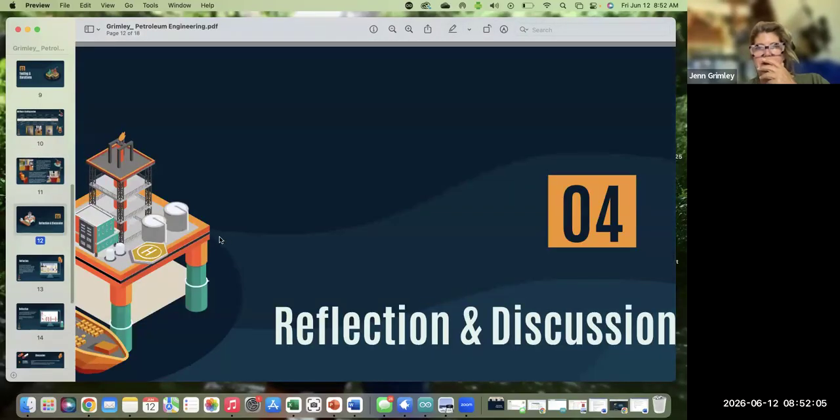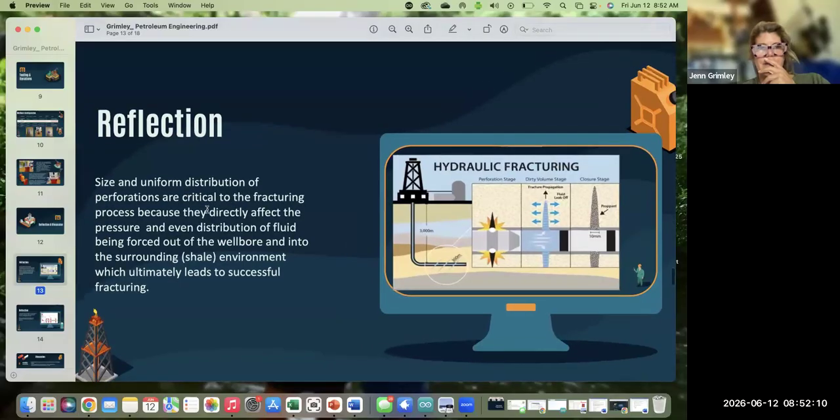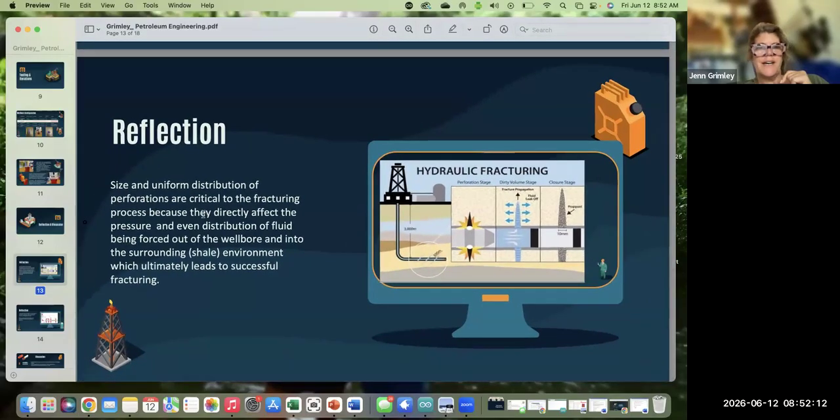So my reflection and discussion. The reflection was that the size and uniform distribution of those holes or perforations were critical to the fracturing process because they directly affect the pressure and the even distribution of the fluid being forced out of the straw or the wellbore and into the surrounding shale environment, which is that oil-bearing rock, which is typically shale, which ultimately leads to the successful fracturing.